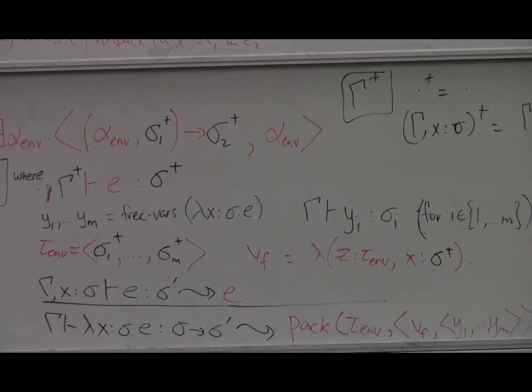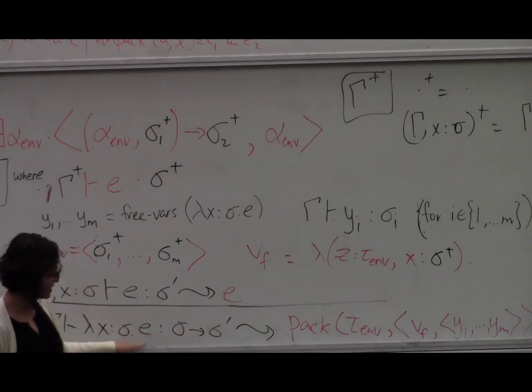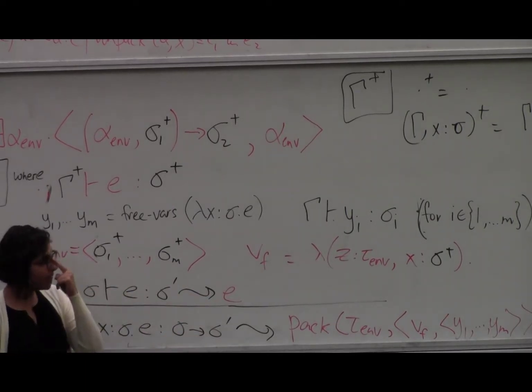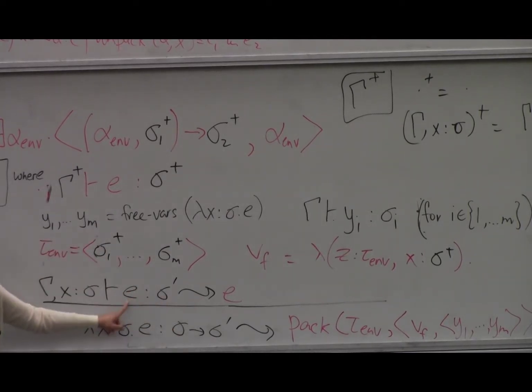And now we have to produce the body. What do we have to do to produce the body? The red E that's sitting right here should help us produce the body of the lambda, right? Because that's the translation of this one. But this black E had a bunch of black y's in it, free variables, right?